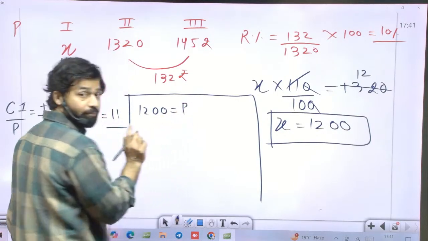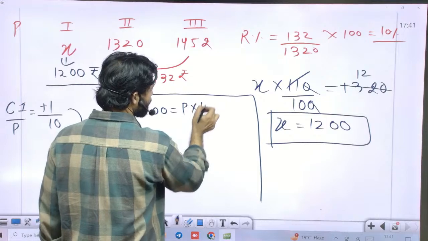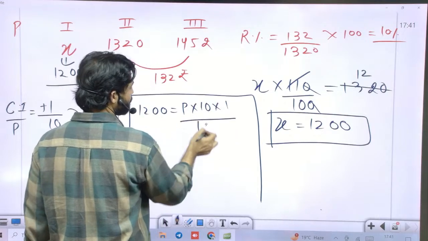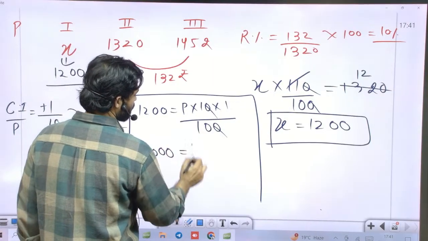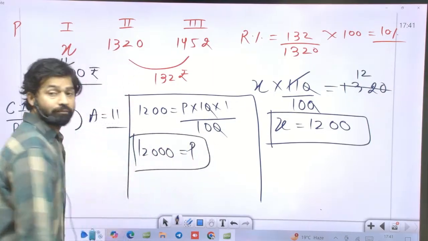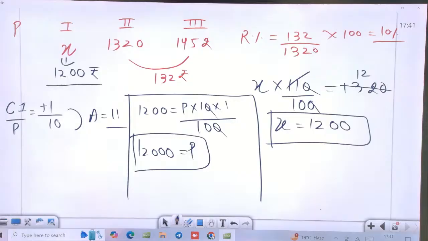We have to find out the principal, and the rate of interest is 10, for 1 year. So this is 12,000. So the principal was 12,000. This is the value of 10%, and we have to find out the value of 100%, because there is an increment of 10% only.